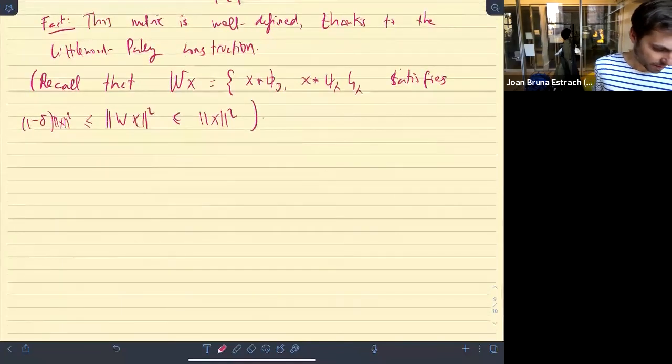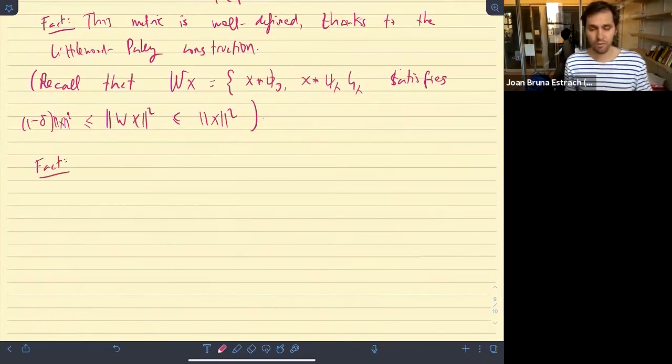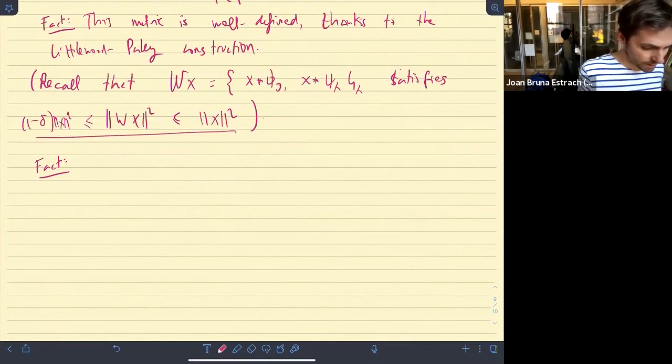Okay. And so in fact, there's another fact, an immediate consequence of this Littlewood-Paley property: I can look at all the paths.